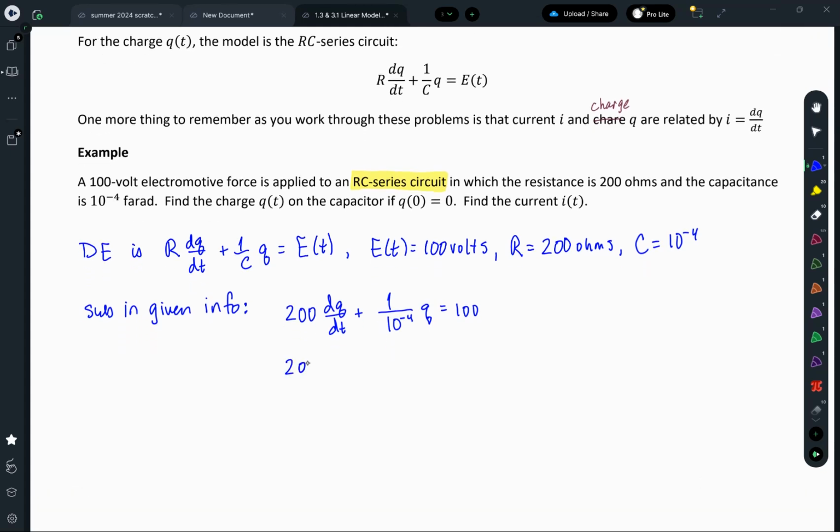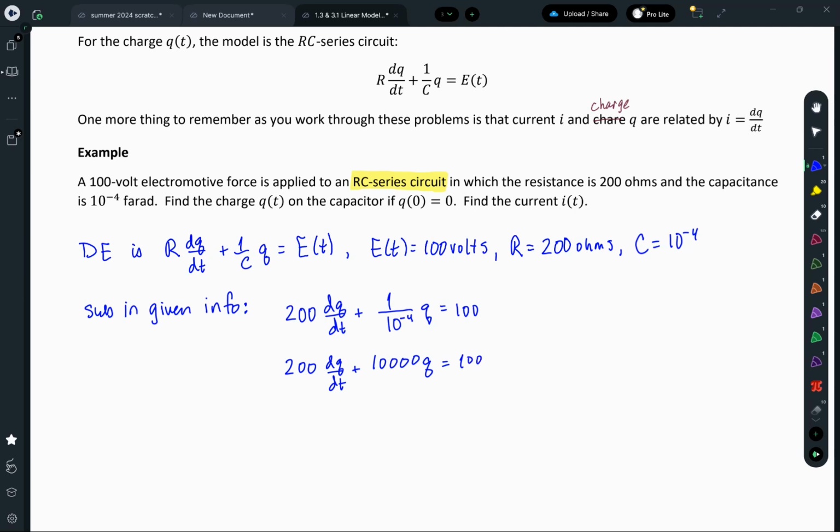So we get 200 dq dt plus 10 to the 4, a 1 with 4 zeros, times q, equal to 100.